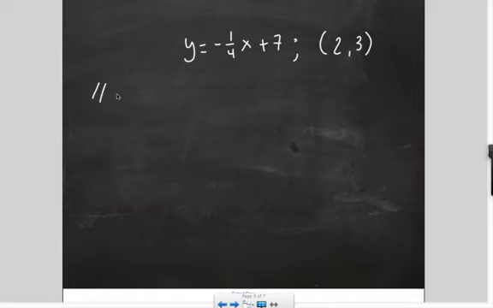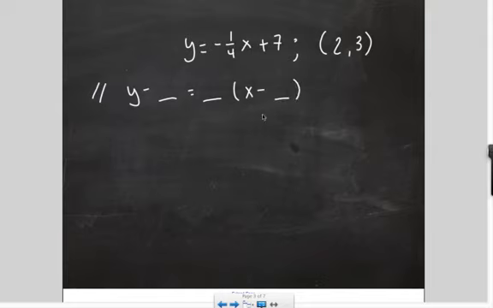So if you were given a line, let's say we were given y equals -1/4 x plus 7, and we had a point, say (2, 3), and I want to write an equation of a line that was parallel to that, I would start off by writing y minus y1 equals my slope times x minus x1.